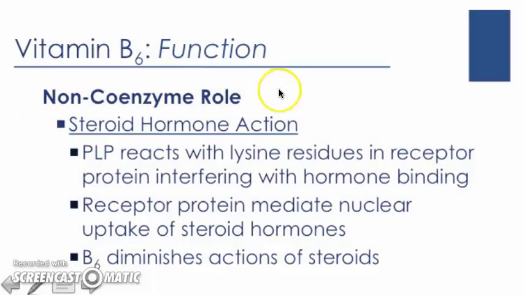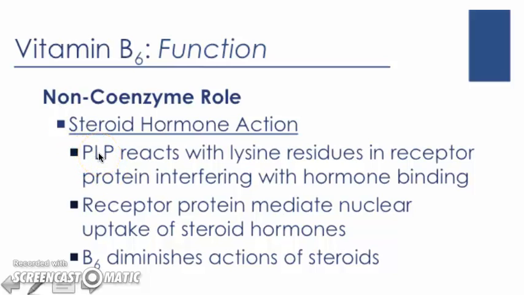There is a significant non-coenzyme role. So the previous roles of B6 in the form of PLP primarily were coenzyme roles, but there is another significant or notable non-coenzyme role to mention as it relates to vitamin B6, again in the form of PLP.